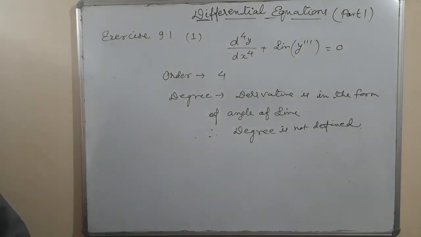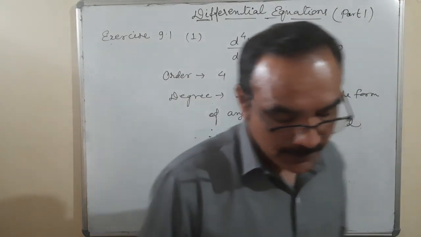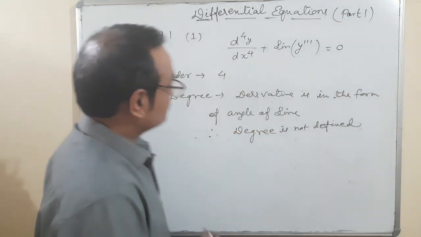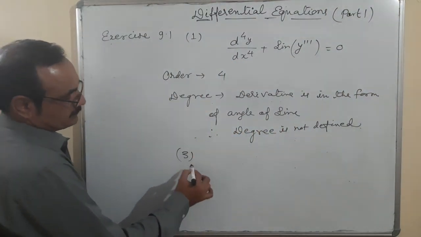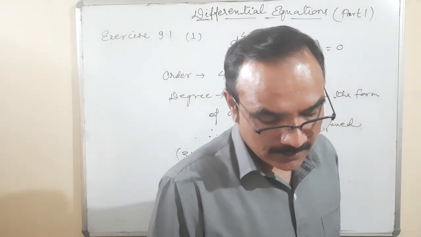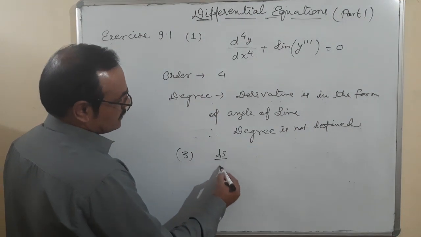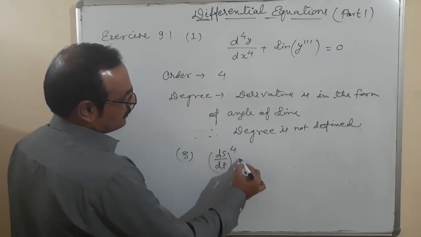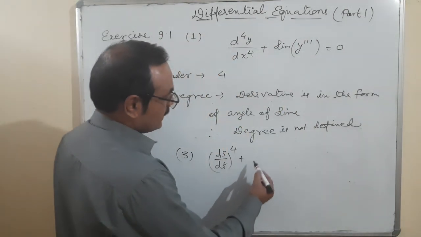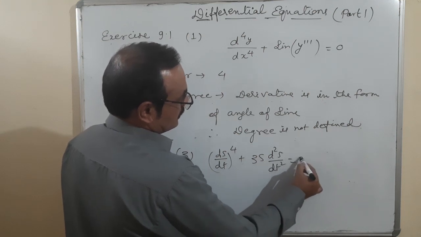That is one. Let us see another question. I am taking question number 3. A simple question, just to verify whether degree is defined or not. (ds by dt) to the power 4 plus 3s d square s by dt square is equal to 0.